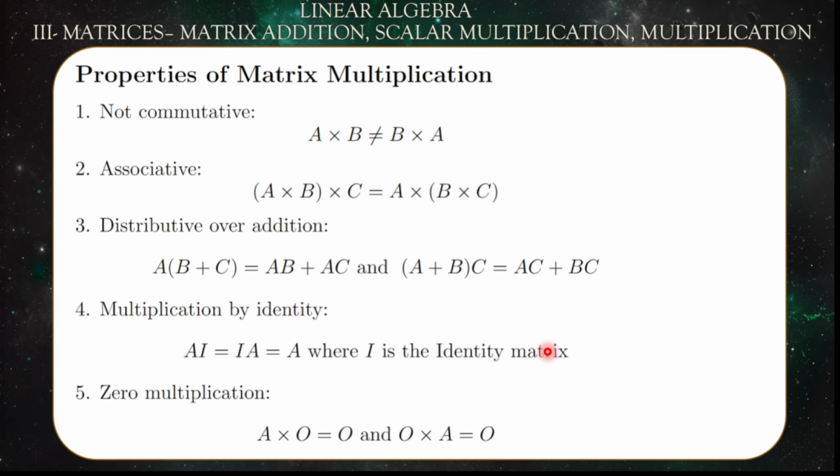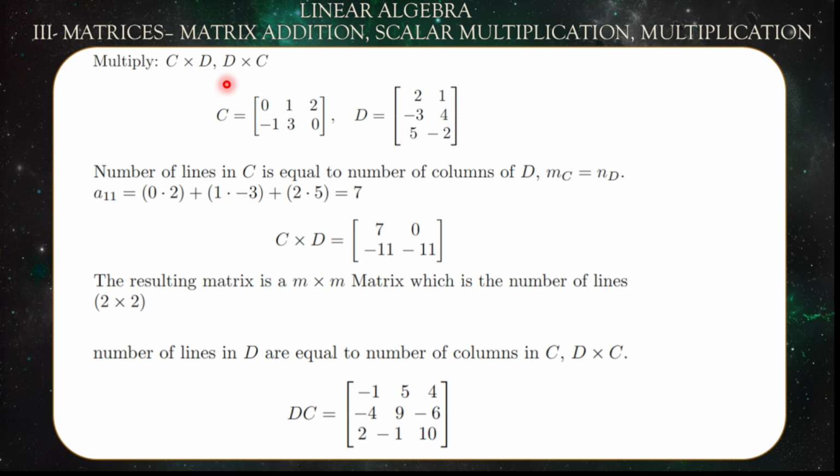Let's multiply C by D and D by C, like C cross D and then D cross C. With C equals 0, 1, 2, minus 1, 3, 0, so 2 rows, 3 columns, and D, 3 rows, 2 columns.